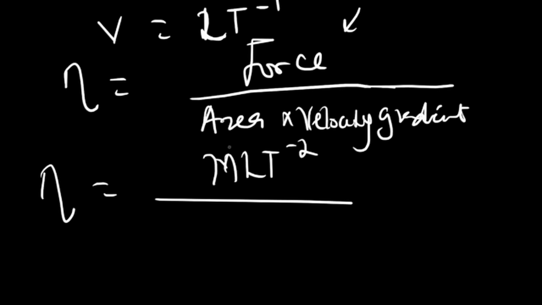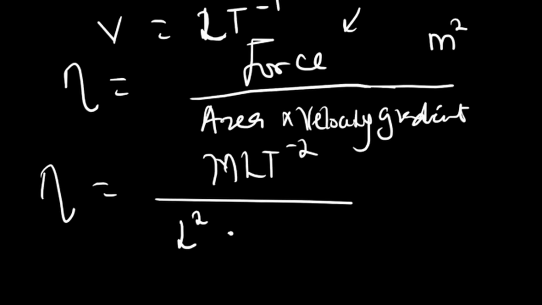Area is length times length. Since meter is the unit for length, and the dimension for length is just L, this is now L squared, and this is multiplying velocity gradient.